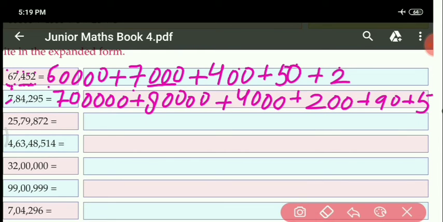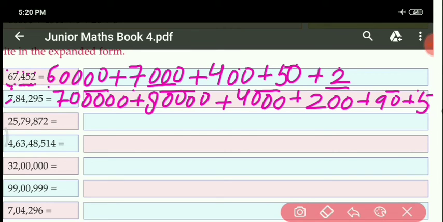Okay, as you can see here, from left to right the zeros are only decreasing. Here are 5 zeros, then 4, then third one 3, then 2, and in tens 1 zero, and in the last one no zero.